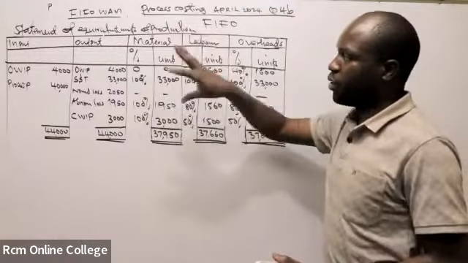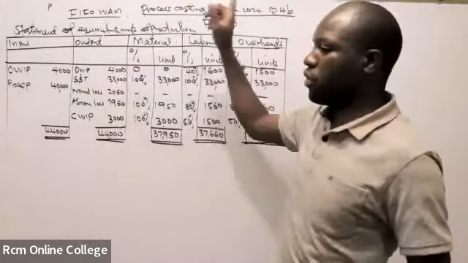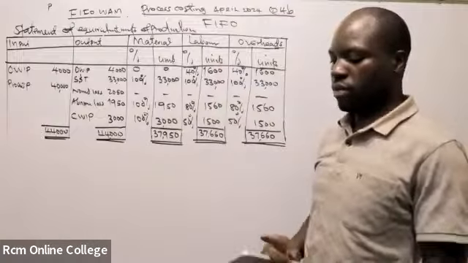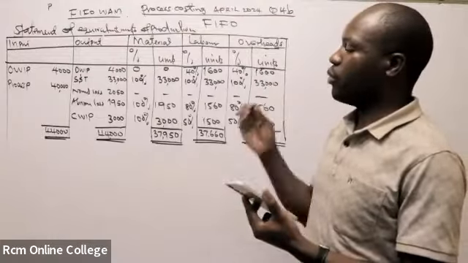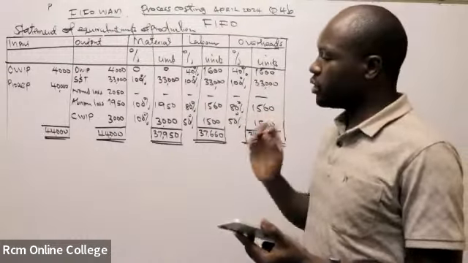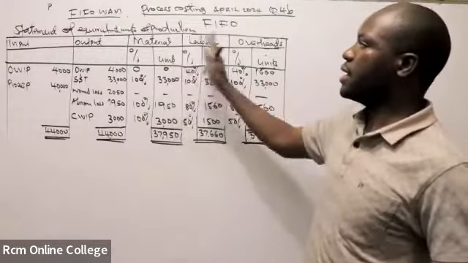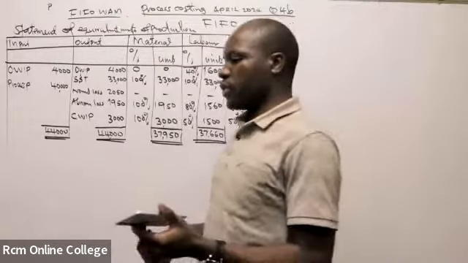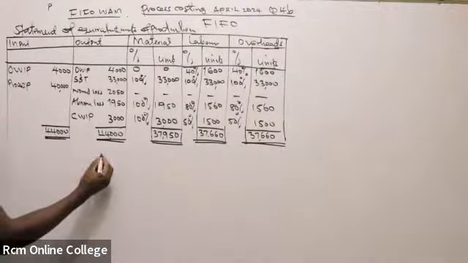That is a complete statement of equivalent units of production. The next thing you're supposed to do is to come up with what we call statement of cost. Statement of cost will help us to get the total costing under the 3 items. So we'll now come here and talk about material.